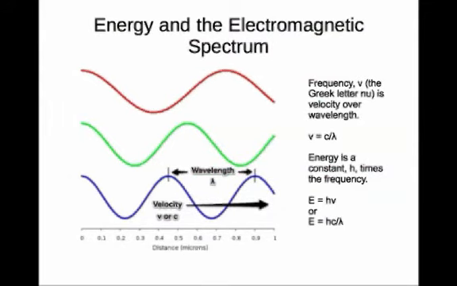There are several measurable characteristics of waves, of which we are interested in 3. Wavelength, the distance from one peak to the next. The symbol for this is the Greek letter lambda.